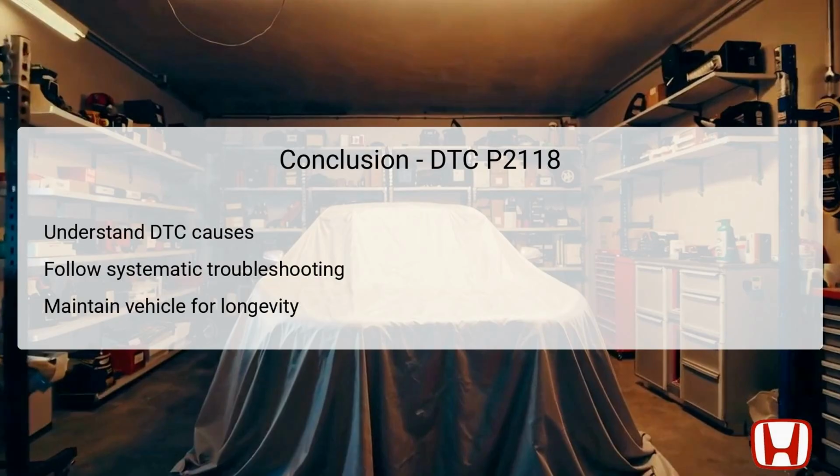Regular maintenance, including cleaning and inspections of vital components like the throttle body and electrical circuits, will help ensure the longevity of the system. This proactive approach will not only keep the engine running smoothly, but also enhance safety and performance. Addressing DTC codes promptly fosters a positive ownership experience and maximizes vehicle reliability.